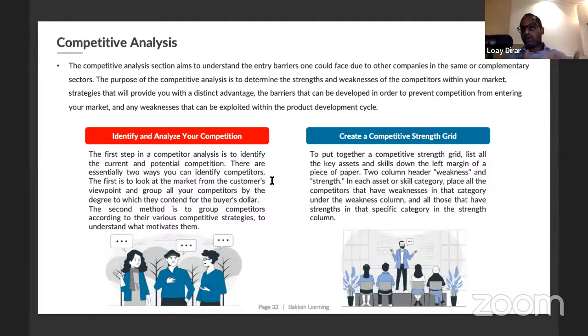So the more you grow, the more you're going to compete with the big players. It's going to help you to assess your strengths and weaknesses compared with other competitors in the market, strategies that will provide you with a competitive advantage, the barriers that can be developed in order to prevent competition from entering your market, and any weakness that can be exploited within the product development.